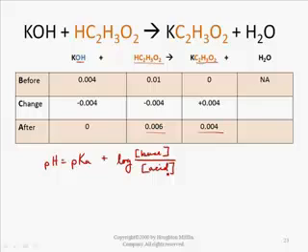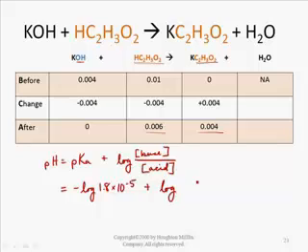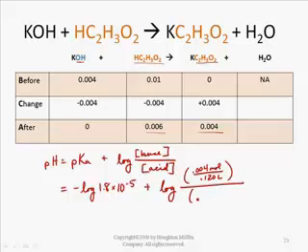So what is the molarity of our base? The base is going to be 0.004 moles per 0.120 liters. And then the acid is going to be 0.006 moles over 0.120 liters.